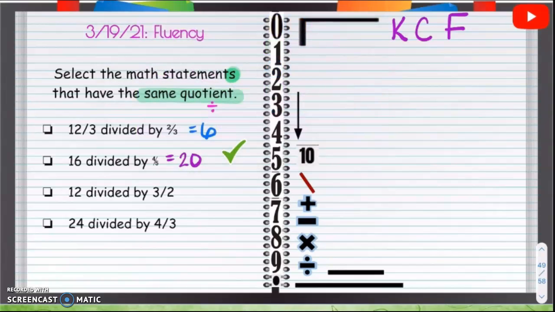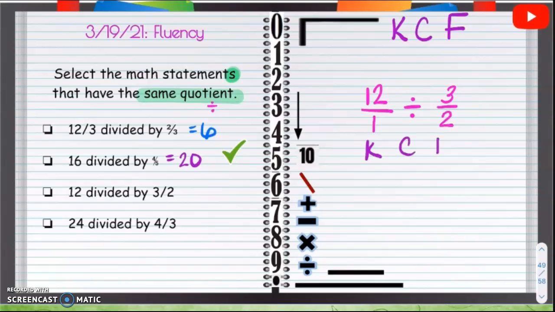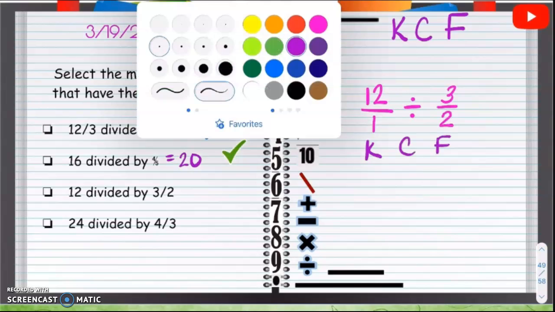Let's take a look at the next one. 12 divided by, so we can do 12 over 1, divided by 3 halves. We're going to keep, change, flip. KCF, keep, change, flip.